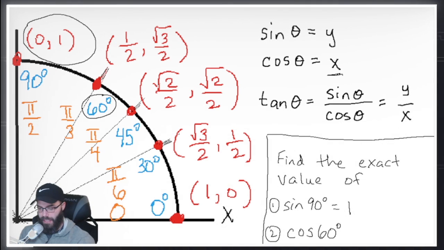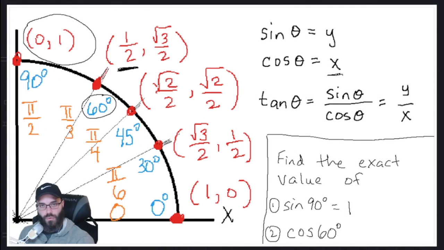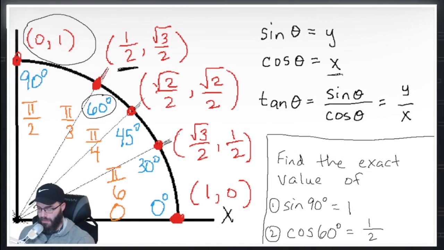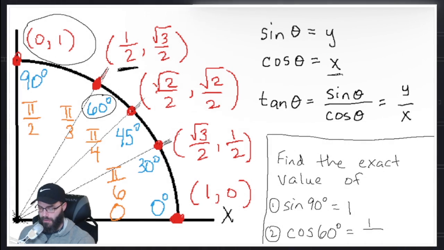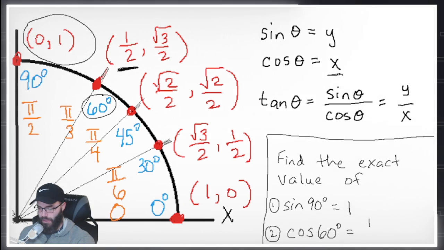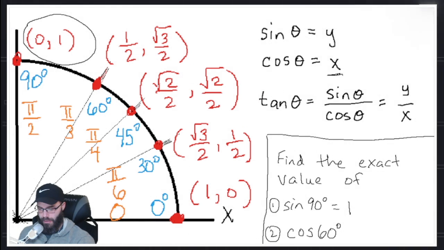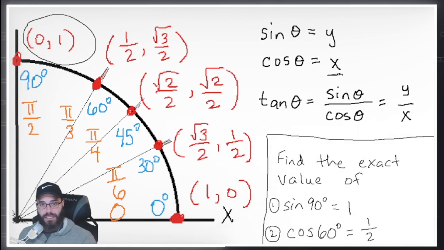The x value at 60 degrees is 1/2. That's the answer. Let me erase that circle there. All right, and that's it.